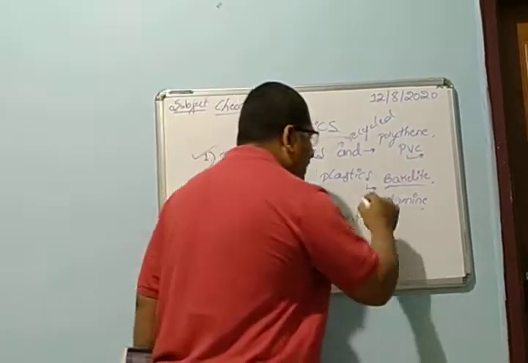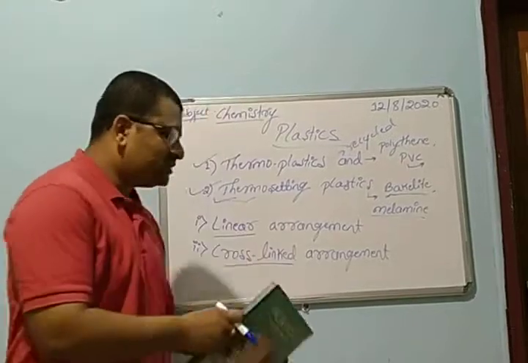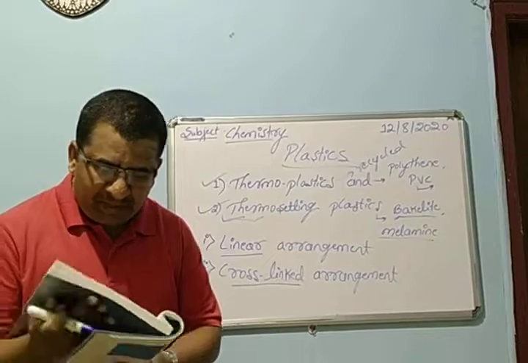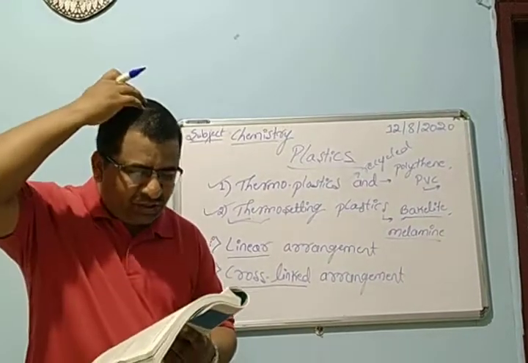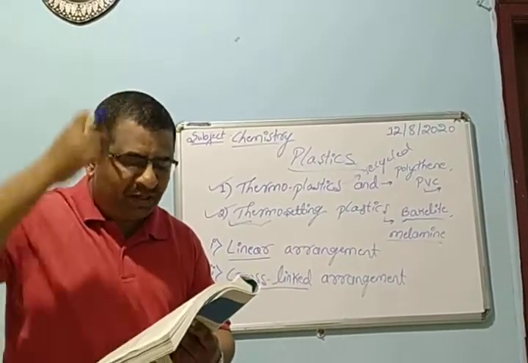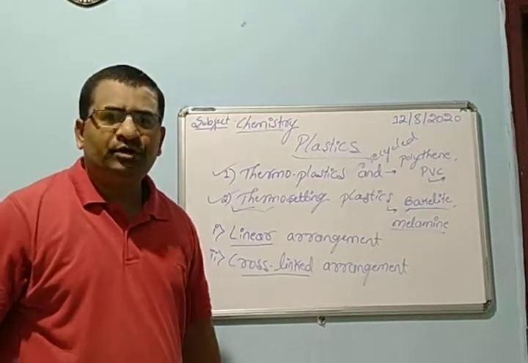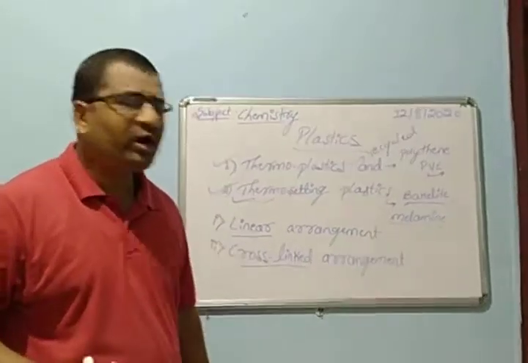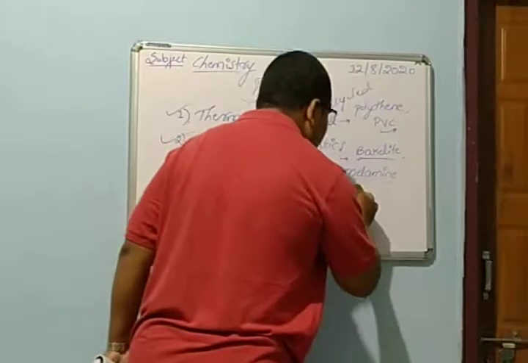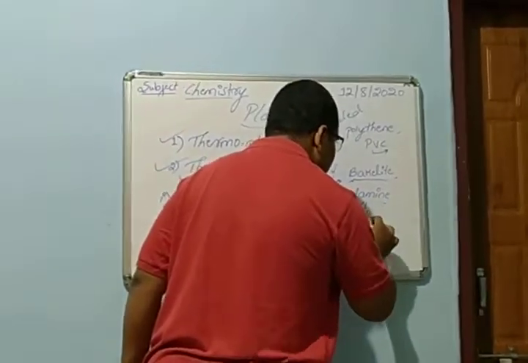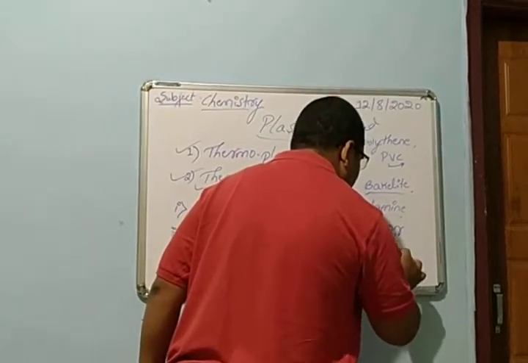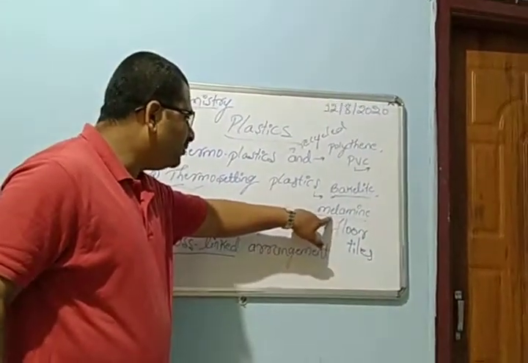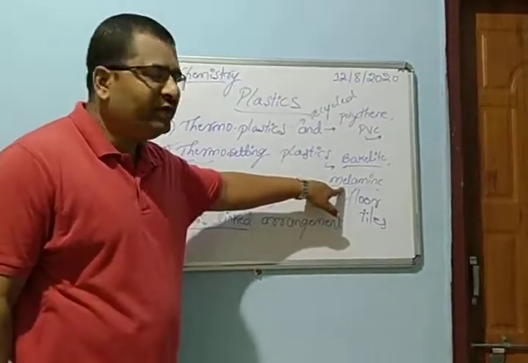Next, melamine. Melamine is a versatile material, and it is used in resisting fire. It is also used in manufacturing floor tiles, because of its poor conductivity of heat and electricity.